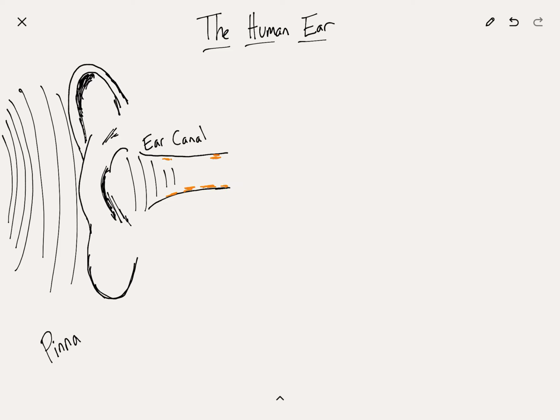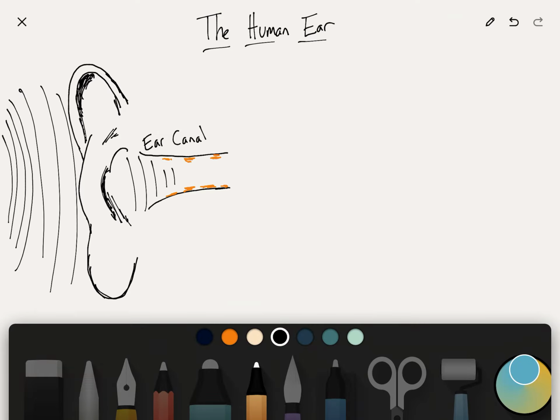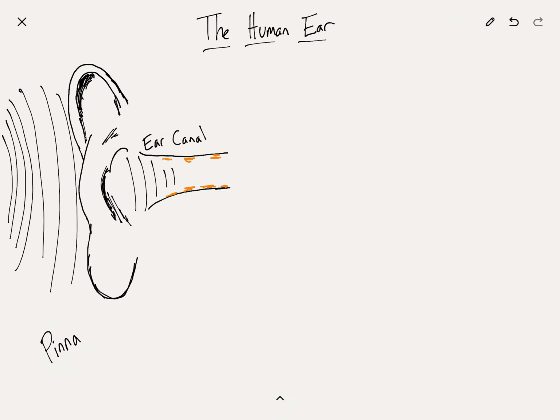And it's also potentially the cause of a lot of hearing damage because people use Q-tips, jam those in there, and they press that earwax up against this next part, which is the eardrum. And if they press them up against the eardrum, that can cause hearing damage.